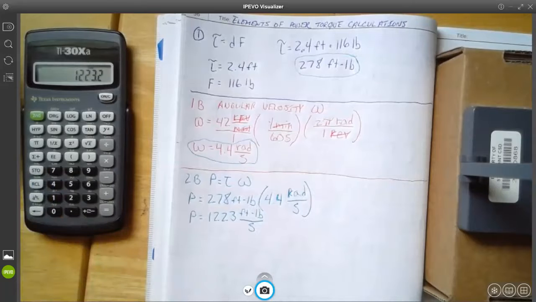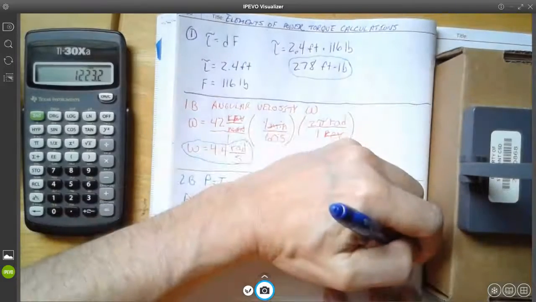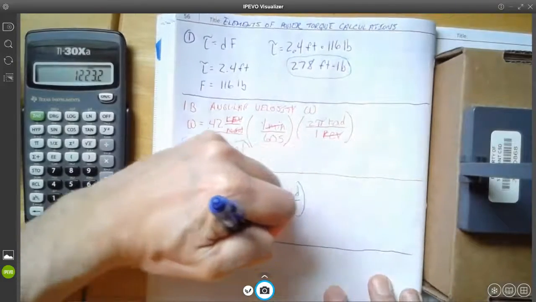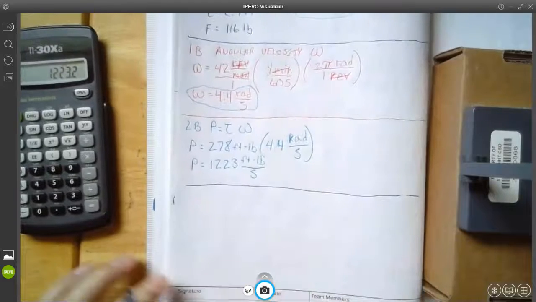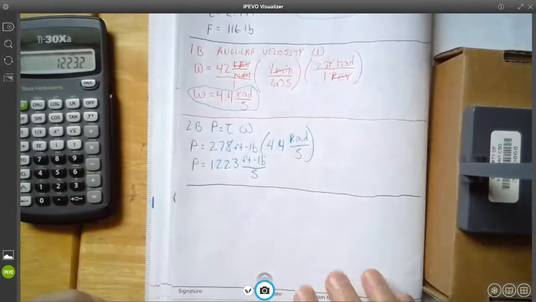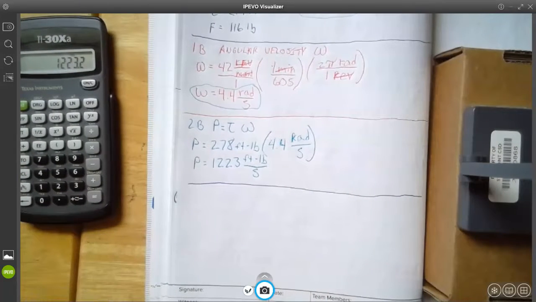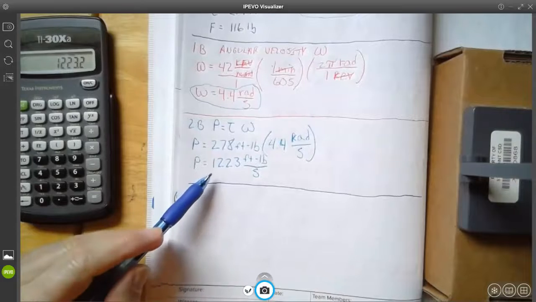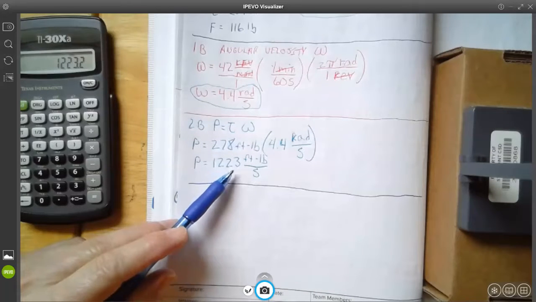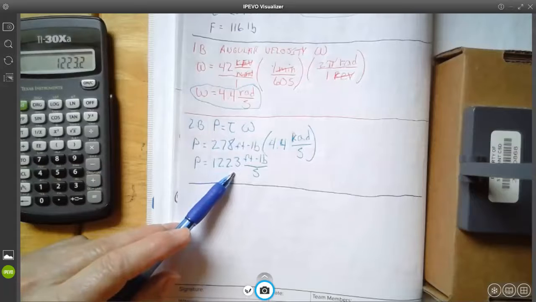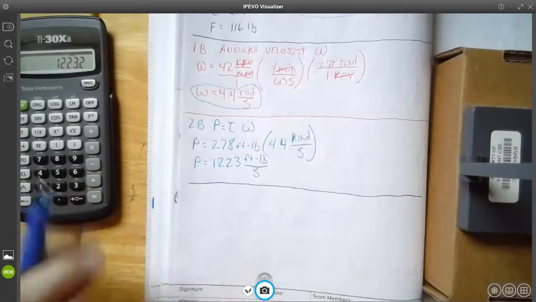Last part of this calculation. Remember, in our problem, they're asking us how much horsepower is being generated here. So for our horsepower calculation, you're going to take our value for P here and divide that by that conversion factor that we learned about in the last lesson, which is 550 foot-pounds per second.